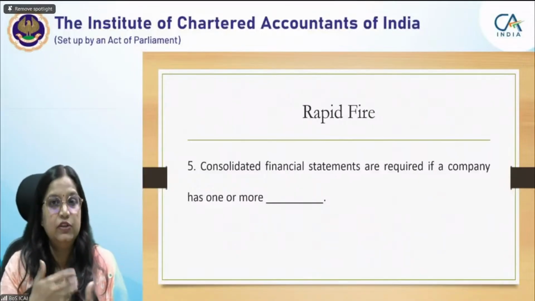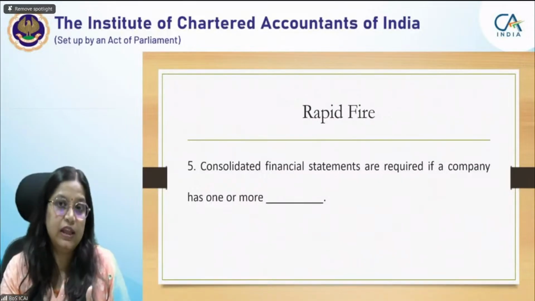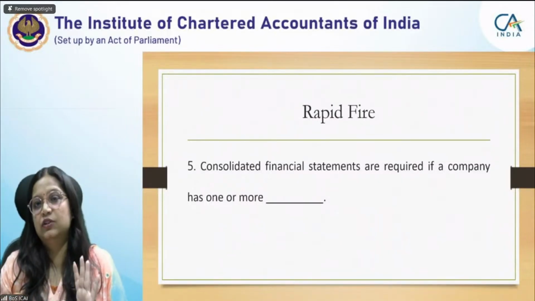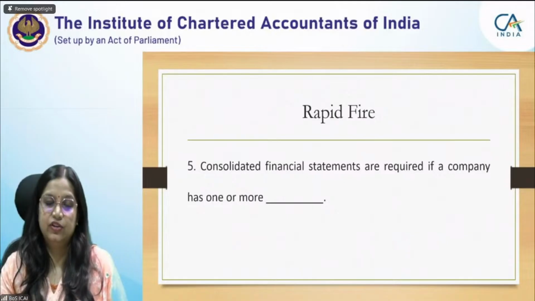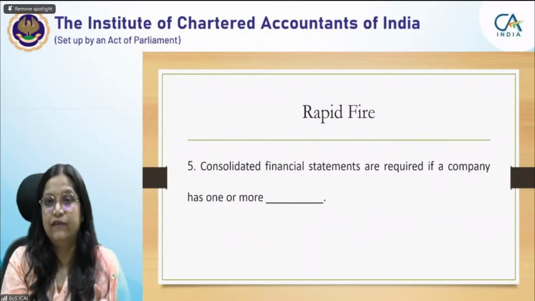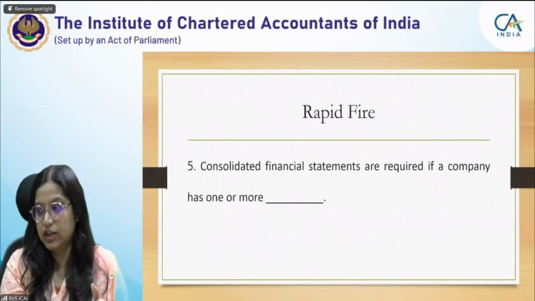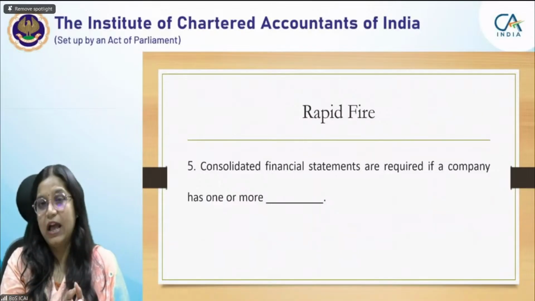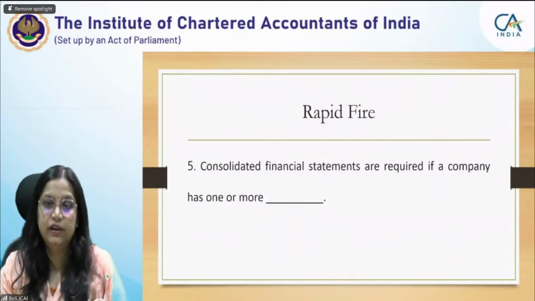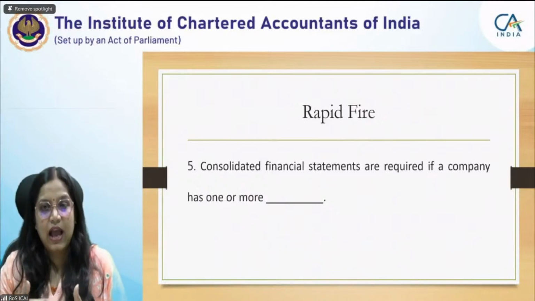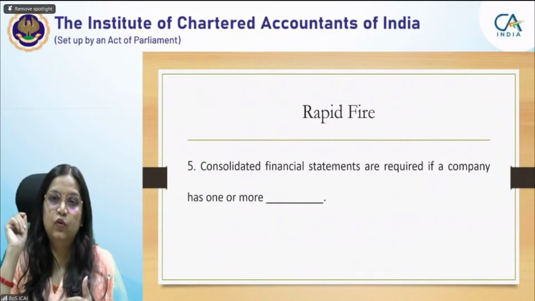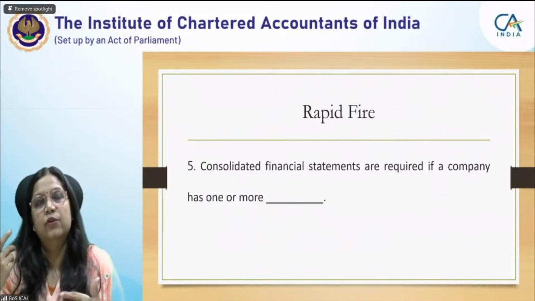So many students got confused whether the provisions of CFS would be applicable on such a company. These are very small things, but if you remember them through any tricks, they will enhance the quality of your answer, because you don't have to keep on remembering what was written.